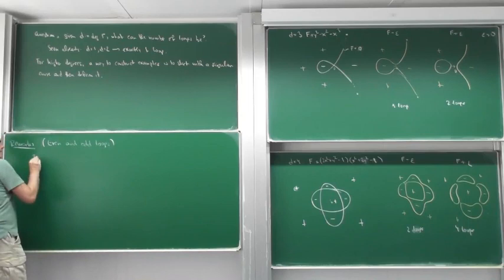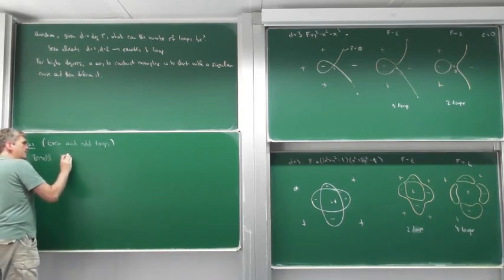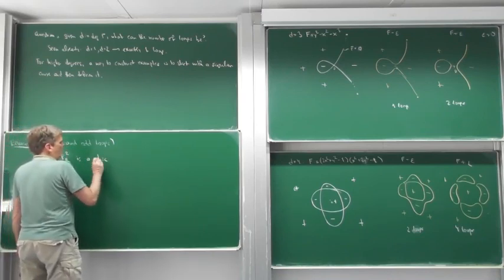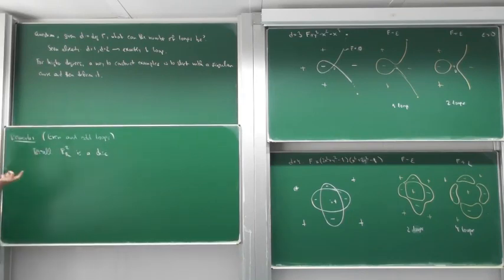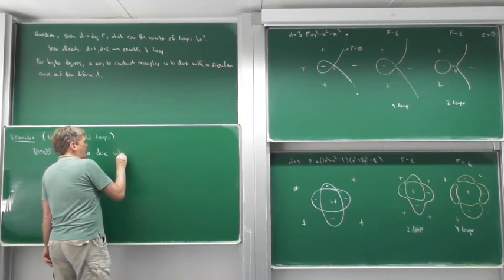Let's recall that the ambient space where everything lives, P2 over R, is a disk, or rather an upper half sphere, which is the same topologically, with opposite points identified on the boundary.